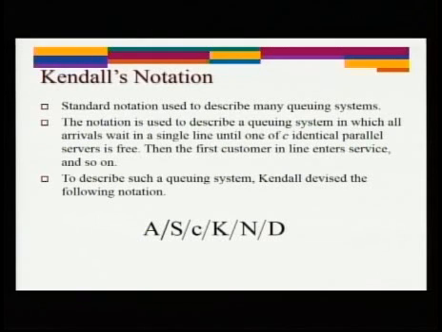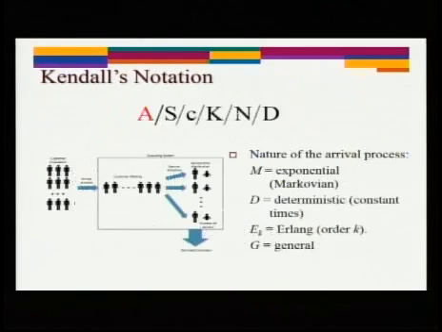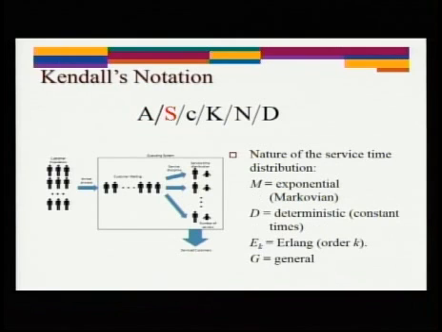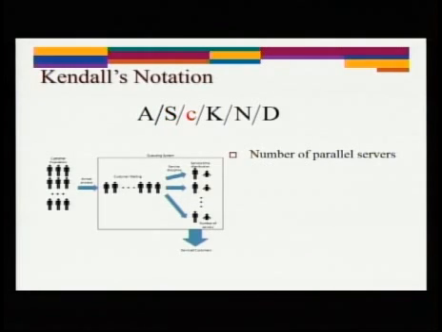In Kendall's notation, the first character specifies the distribution of inter-arrival times, so it shows the nature of the arrival process. The second character specifies the nature of the service times. And the third one is the number of parallel servers.